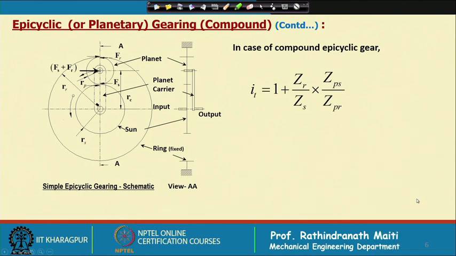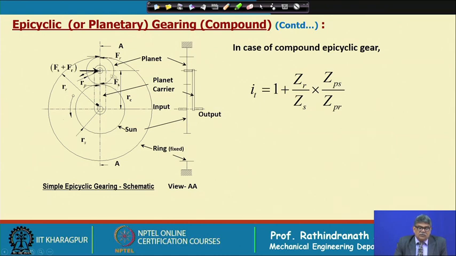In case of compound gear, which is not shown here, this is not the compound one, this is the simple one. In case of compound one, this will be Zr into Zs into Zps by Zpr.